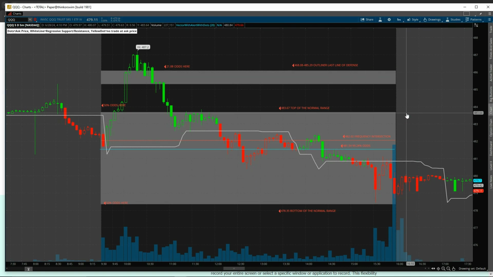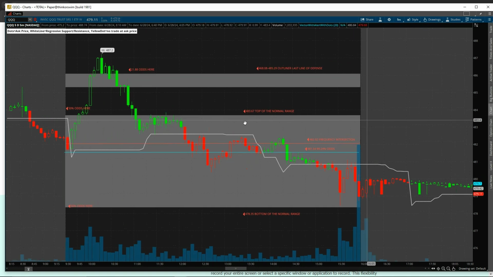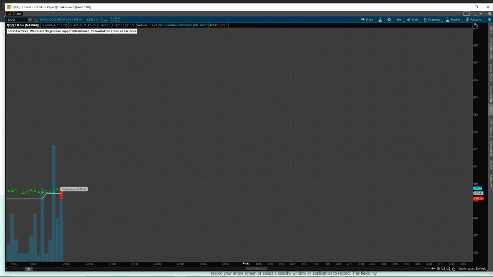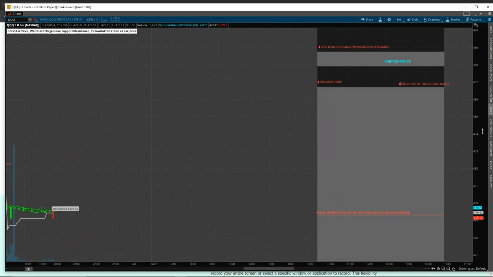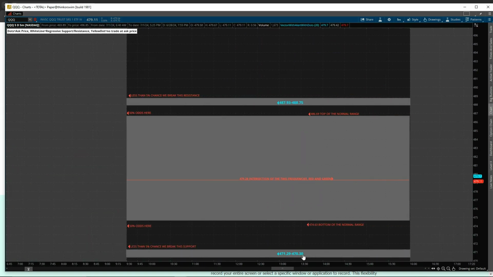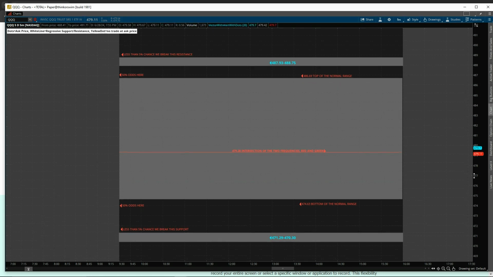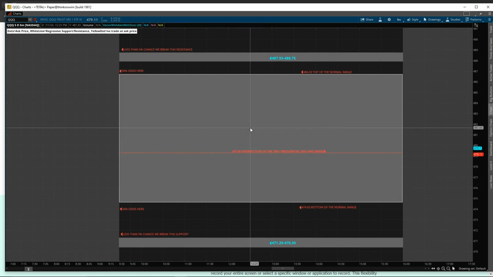Now we're going to move to the Monday graph so that you can get another example of these graphs. Great. First of all, you must be noticing that we have a very big normal range. What does that tell you? That basically screams at you that we might see a bigger volatility day on Monday. It tells you we can see a range in this, but it can be big and playable, right?